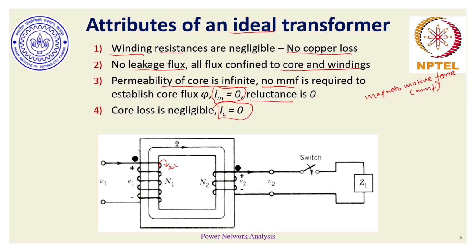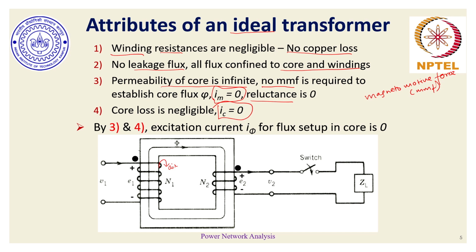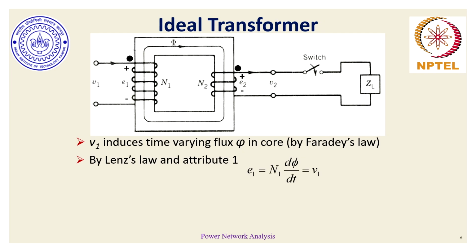So with these four attributes, let's go ahead with the discussion of what happens when the ideal transformer is realized and made to operate. If we combine points 3 and 4, there is a current known as the excitation current. For the ideal transformer, excitation current need not be there; it is perfectly zero.